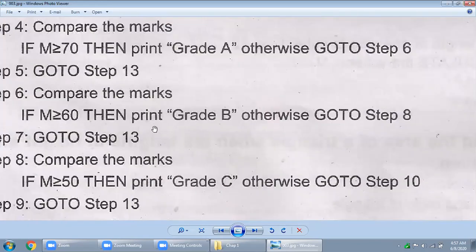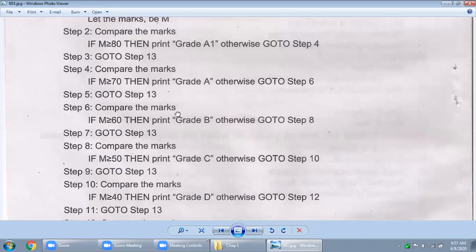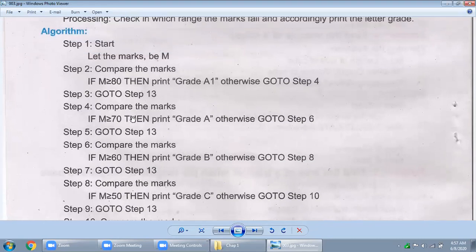Watch over here. In the previous algorithm we have used greater than, less than, like this. These are used in the flowchart as a diamond shape. Greater than, less than, greater than or equal to, less than or equal to, not equal to, and equal to.